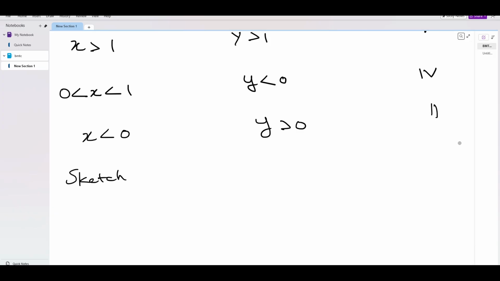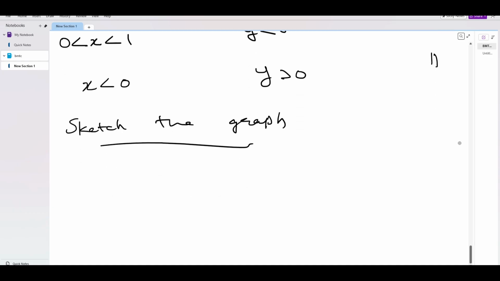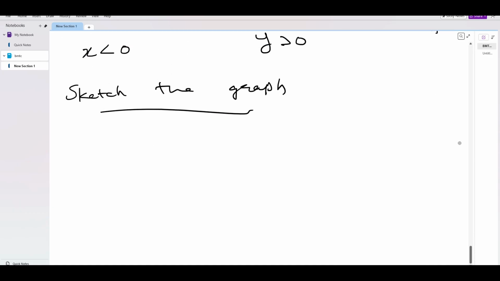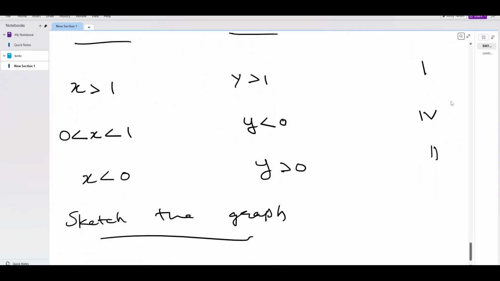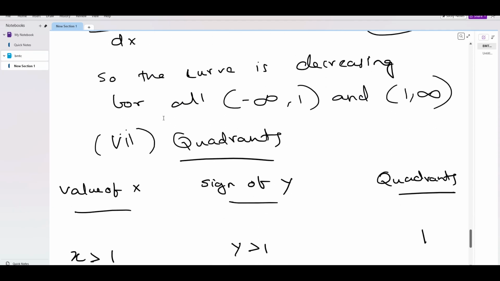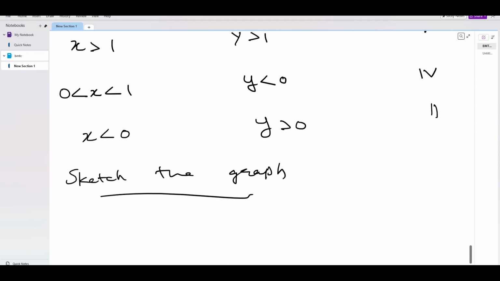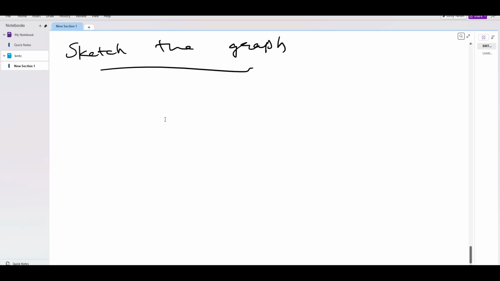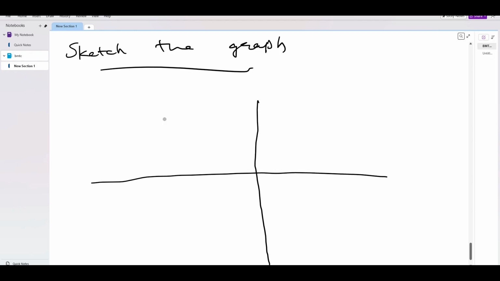From all this we can see that it is a rectangular hyperbola and the curve passes through origin.